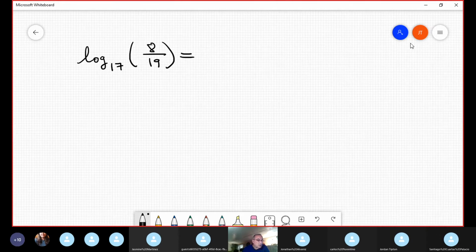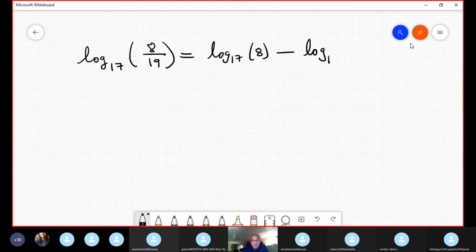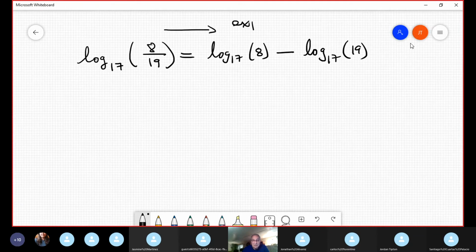You write one logarithm as a sum or difference of several logarithms, and you also express any power as a factor. In this case we have no power. So you apply property number 6. In this division, you write logarithm base 17 of 8 minus logarithm base 17 of 19.